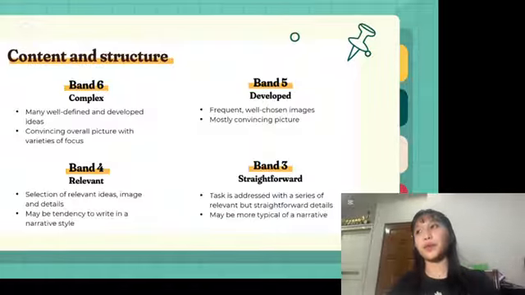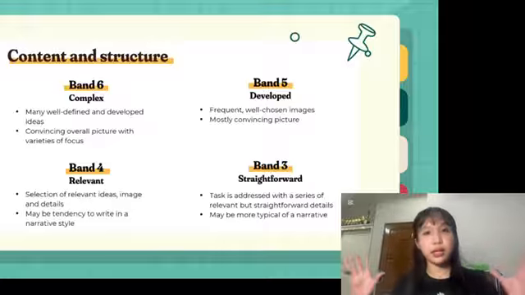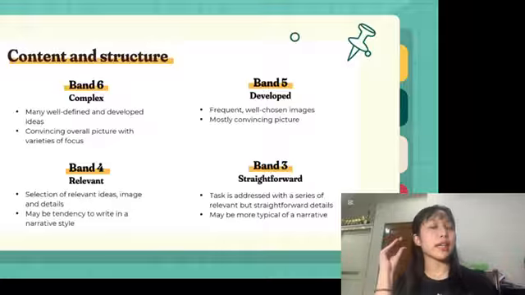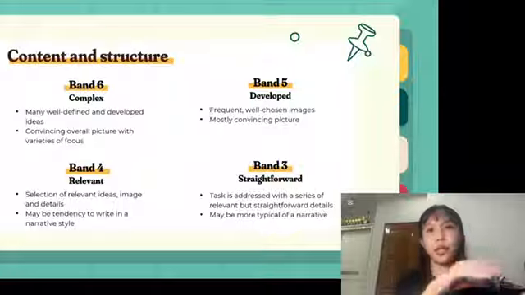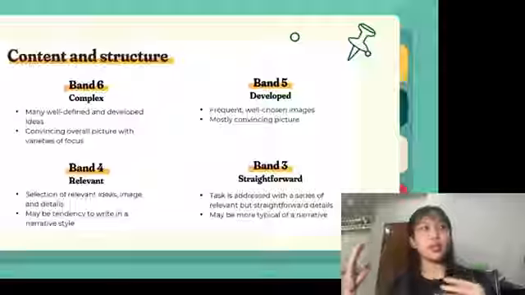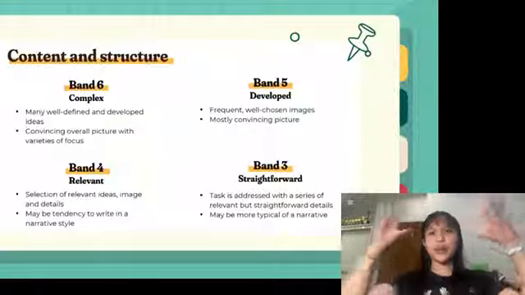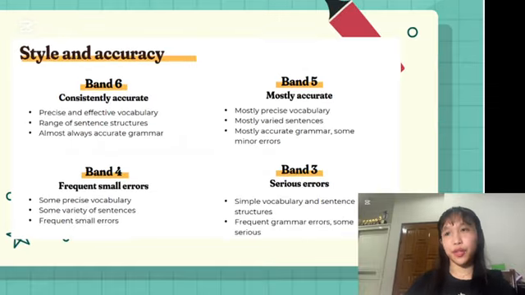For example, a room. You're not just going to describe a room by itself. You're going to zoom in on the desk in detail, then you move on to the furniture, then you move on to the bed, for example. So many images in one picture, if you understand what I mean.